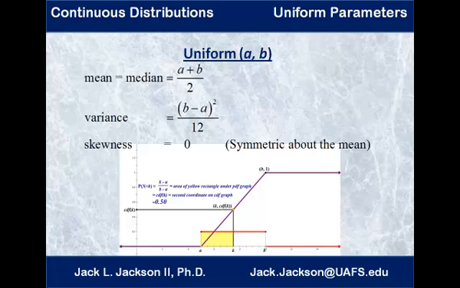And of course then the standard deviation would just be, well, take the square root of that, it would be b minus a over the square root of 12. And this one's not too hard to see. The skewness is actually 0. In other words, that means it's completely symmetric about the mean. And I think you can see from the picture that it's going to be symmetric about the mean.